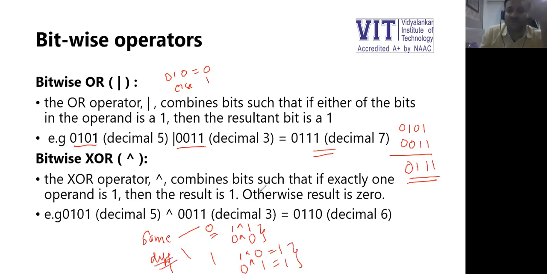In both cases, it will give me 1. So if we have 0 1 0 1 and 0 0 1 1, we have different 1, same 0, same 0, different 1 giving 0 1 1 0. So this is how the bitwise XOR operator works.